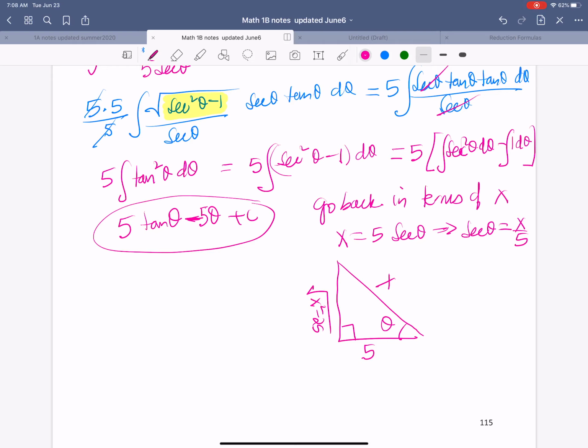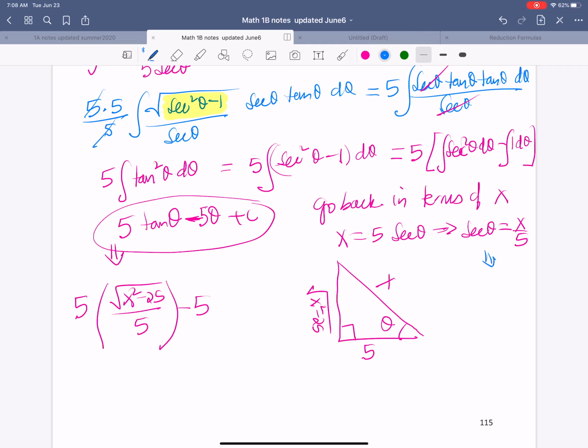Now let's go ahead and plug these back in terms of x. This integral, we have 5. What is tangent theta going to equal? Tangent theta is opposite over adjacent. So opposite is square root of x squared minus 25 over 5, minus 5. What is theta going to equal? Notice theta would be equal to secant inverse of x over 5.